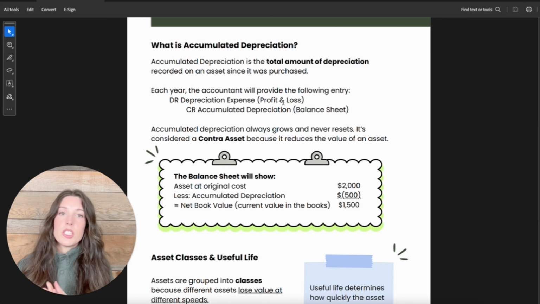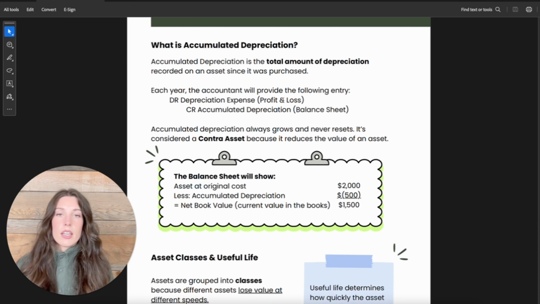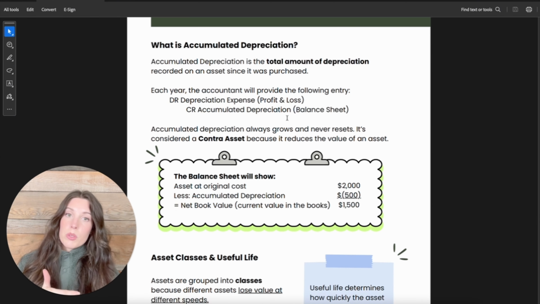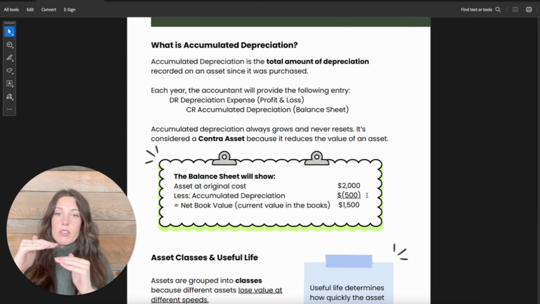Now you may have heard a term called accumulated depreciation. Accumulated depreciation is just the total amount of depreciation recorded over the life of the asset so far. Every year you record the depreciation expense, and the accumulated depreciation balance also increases. On the balance sheet, you'll always see the asset cost less the accumulated depreciation, and the net of those two always equals your net book value.